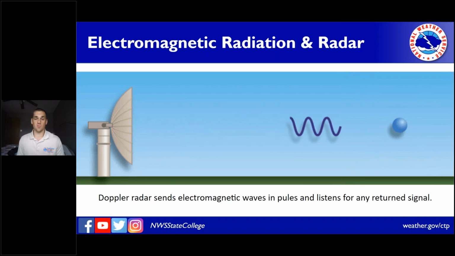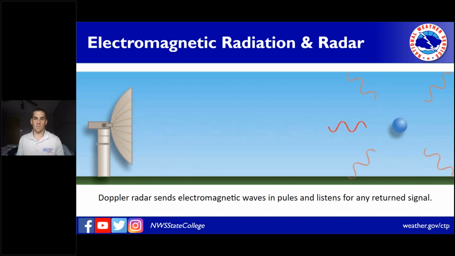So in a case where we've got precipitation, that radar beam goes out and hits not each individual drop, but millions of those droplets, and then scatters and spreads out in all directions. A good chunk of that energy will still come back toward the radar and allow us to measure the reflectivity, the amount of a target that it's hitting.